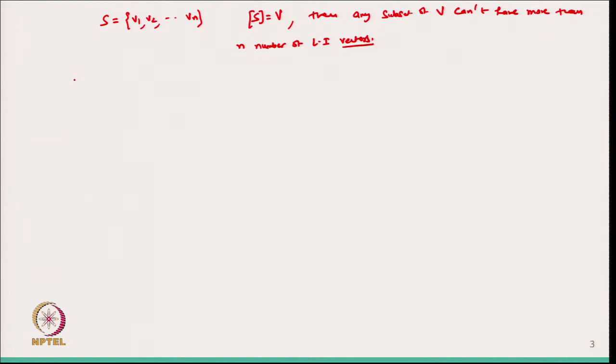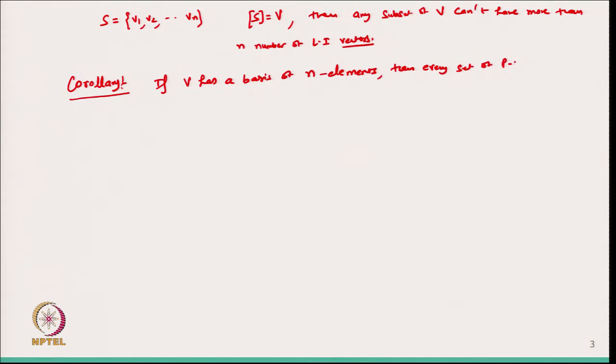Now, there is a corollary. It says that if V has a basis of n elements, then every set of p vectors with p greater than n is linearly dependent.